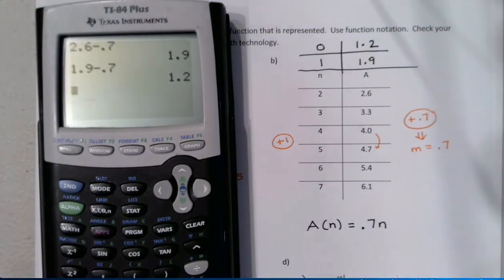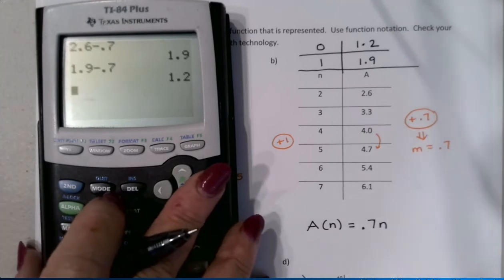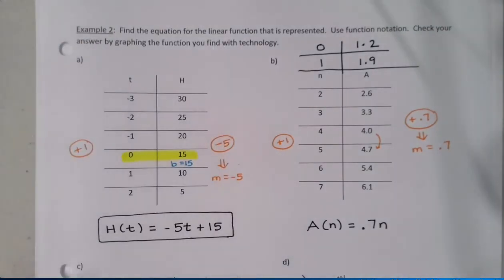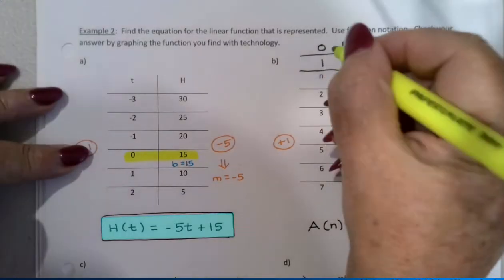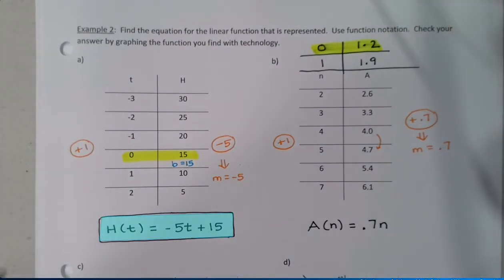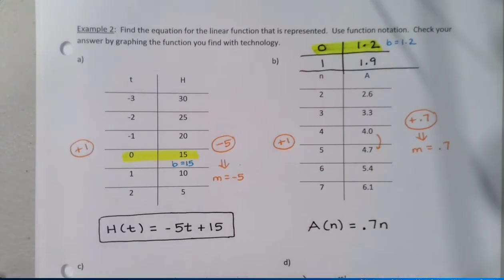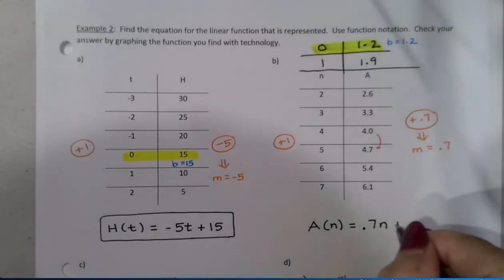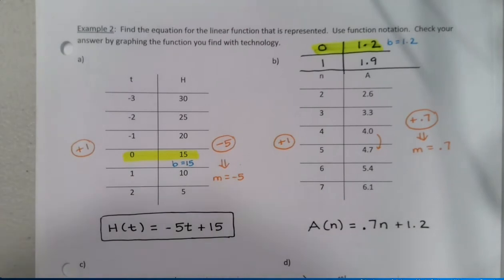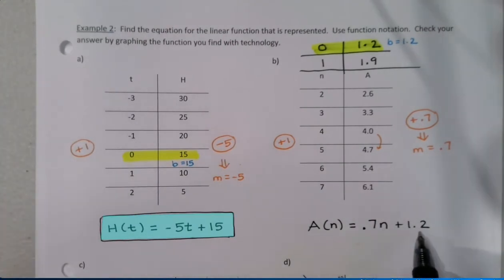So because they didn't give me the y-intercept, the b value, I just used the pattern established by the slope to figure it out for myself. Now that I've got that, I can see that b must be 1.2. So there we go. m times my input variable, n, plus b.